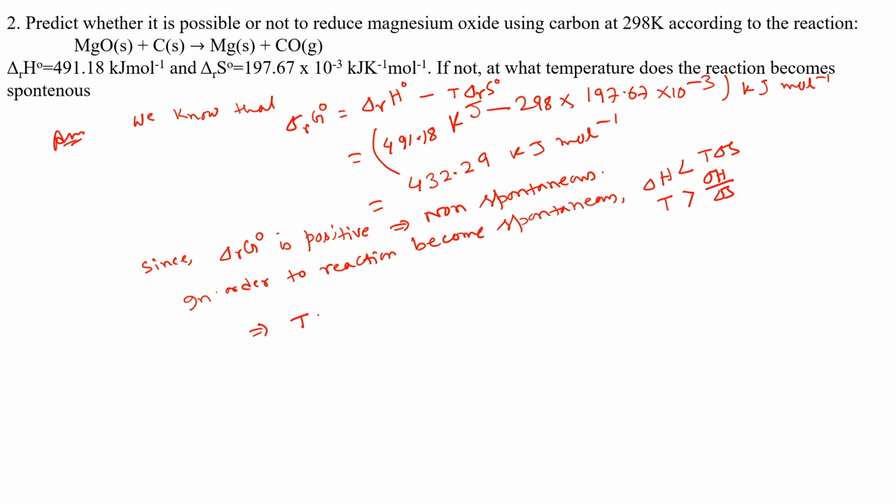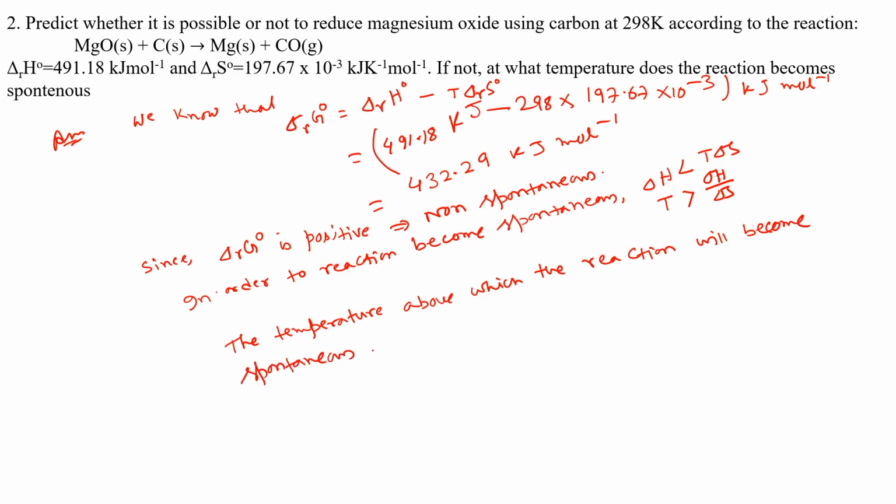So, the minimum temperature required, the temperature above which the reaction will become spontaneous, is 491.18 by 197.67 times 10 to the minus 3 Kelvin.